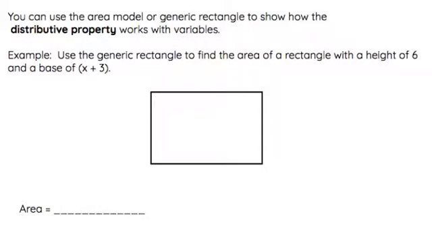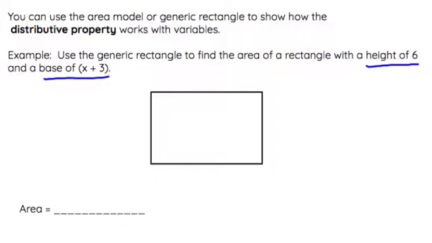So we're going to use this idea to simplify an expression by finding the area inside a rectangle using base times height. Here's an example. We call this a generic rectangle because it's just a drawn rectangle. We're going to find the area if the height is 6 and the base is x plus 3.